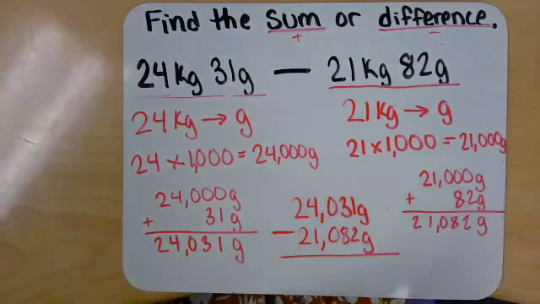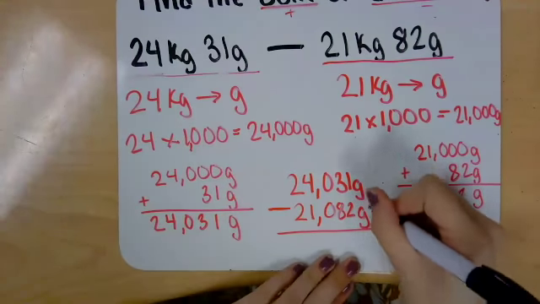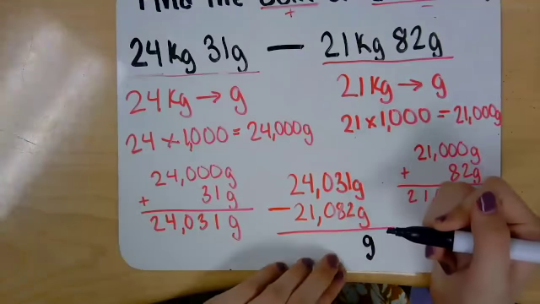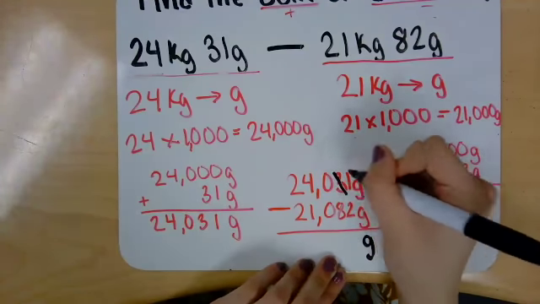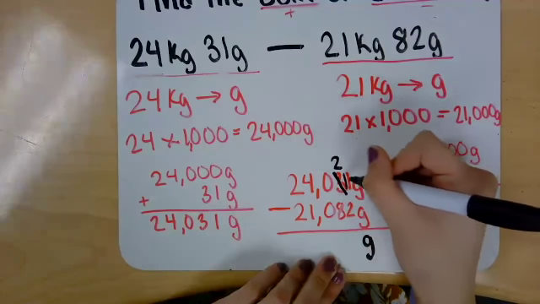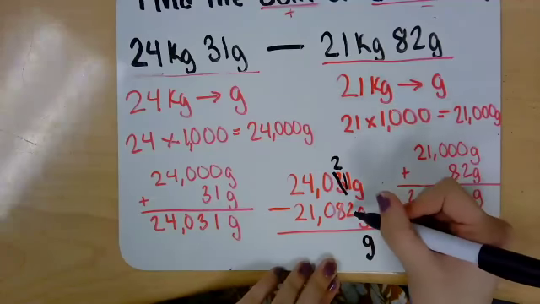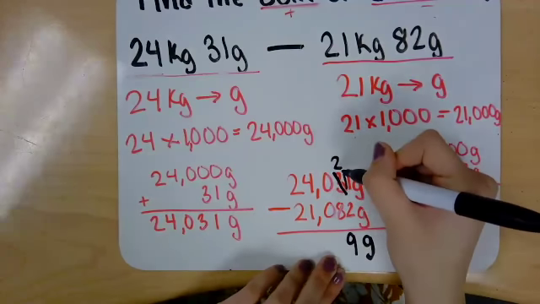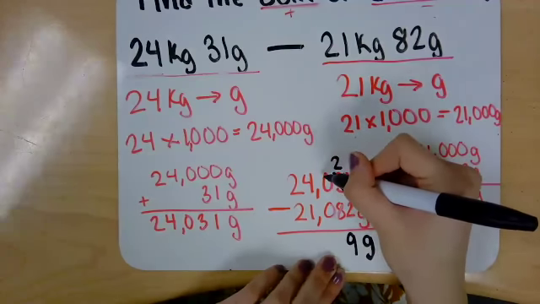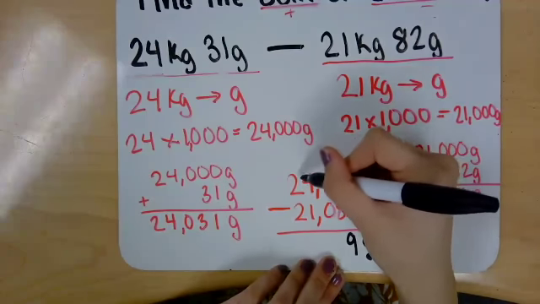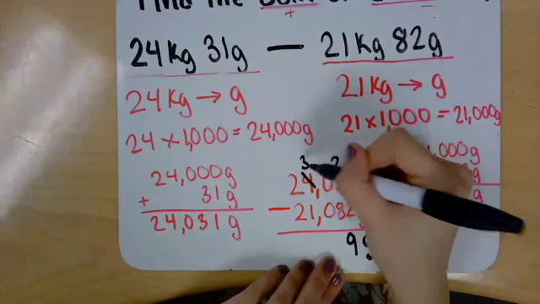Okay. We are going to need to do some borrowing. We'll bring our units down first, but then can we take 2 from 1? No, so we need to borrow from our neighbor. Turn our 3 into a 2. Now we have 11 minus 2 equals 9. Again, we can't take 8 from 2. So we go to our neighbor. We can't take away anything from 0, so let's go over one more. Turn our 4 into a 3.